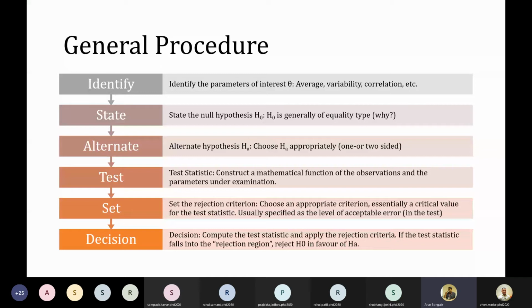For example, the LED bulb. 10 watts is the critical value. Average is 10 watts. If it is less than 10 watts, it is okay; the maximum is 10 watts, and less than 10 watts is better. So if you have mu equal to 10 watts as the null hypothesis, you cannot state the alternate hypothesis as mu less than 10 watts. That will not serve the purpose.